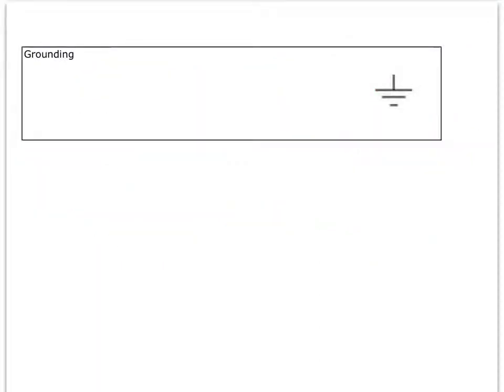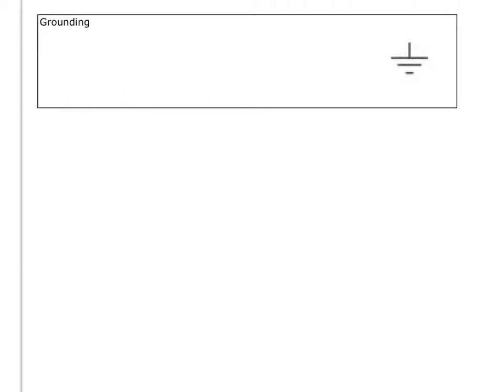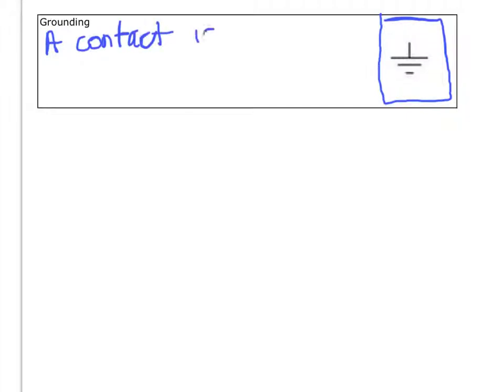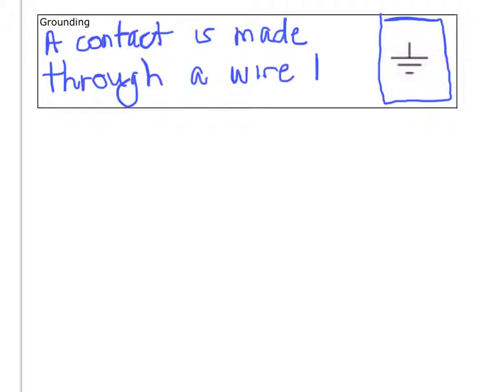Okay, the final thing we'll talk about is a fairly well known concept called grounding, and this is the electrical symbol for grounding. Grounding means what it says: you create a physical contact through an electrical conductor, like a wire, to the earth.